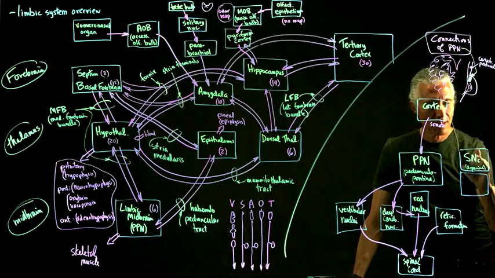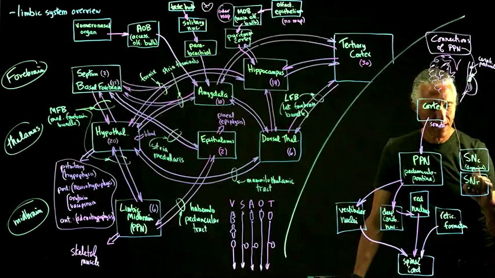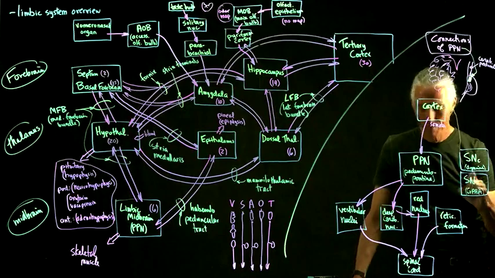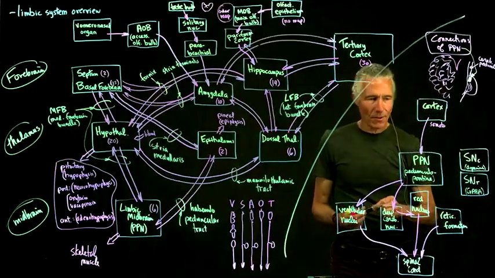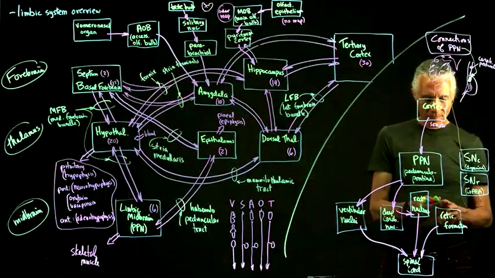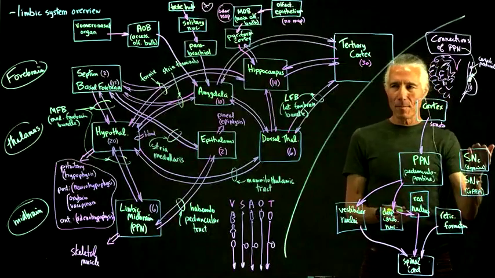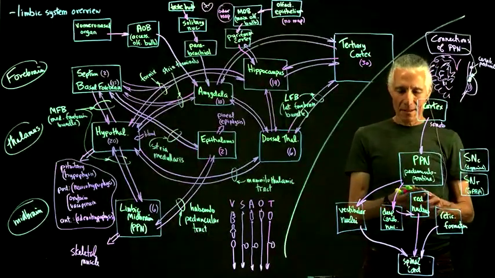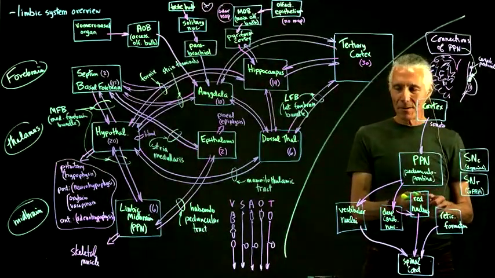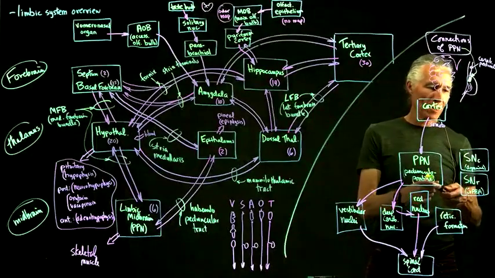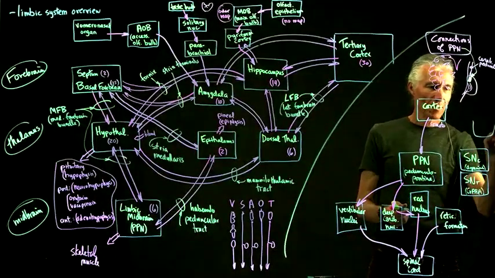But it's also connected up to the substantia nigra reticulata, that's the GABA part, the inhibitory gating part. And so obviously it could thereby get into the caudate putamen. So let's put CP over here.